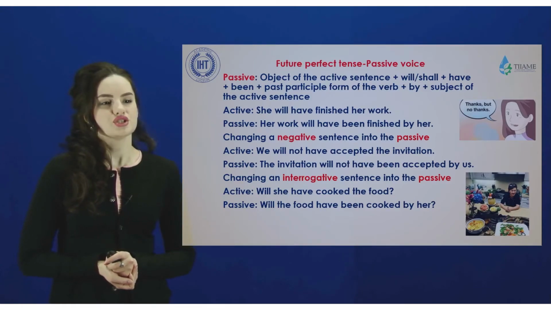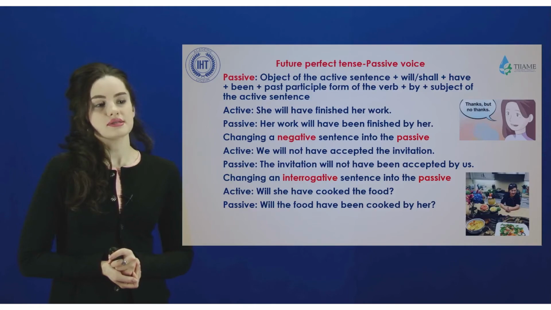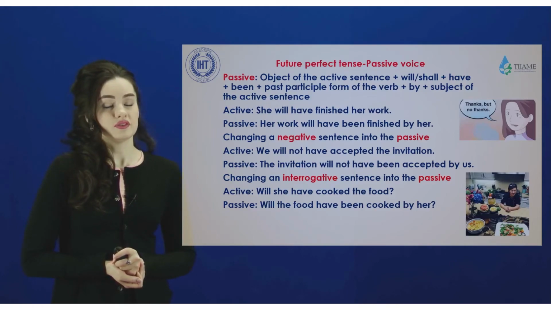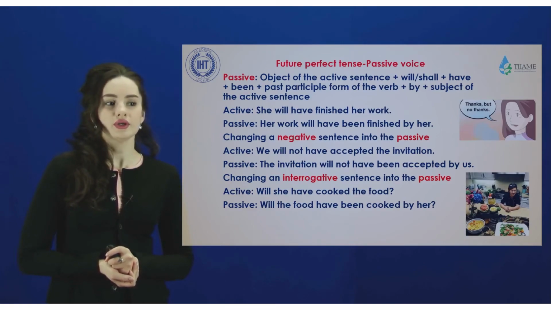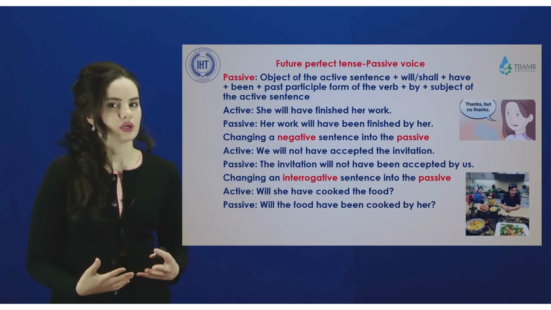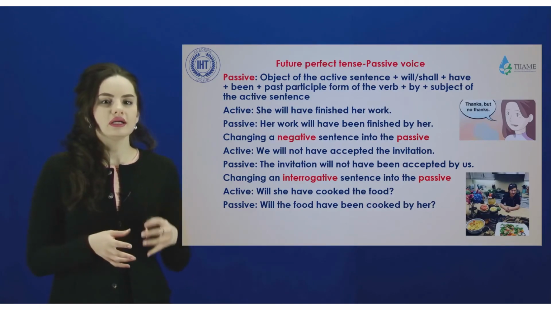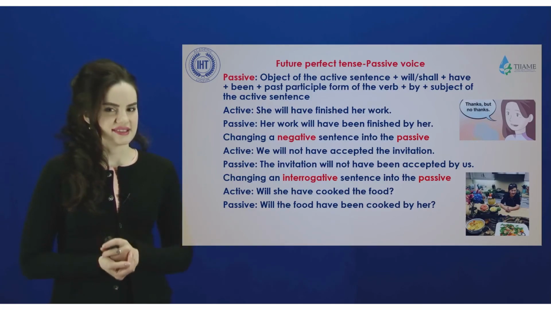So here she is the subject and finished is the verb predicate, and in passive form: her work will have been finished by her. So her work is the object and the verb is still the same.